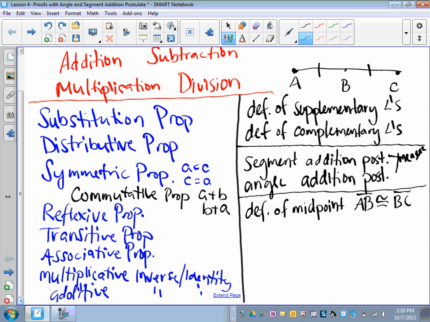Alright, so the definition of midpoint, I cannot stress enough, tells us that the two segments are congruent. Same with angle bisector. The definition of an angle bisector tells us that our two angles are congruent. So I'm just going to say angle 1 and angle 2.